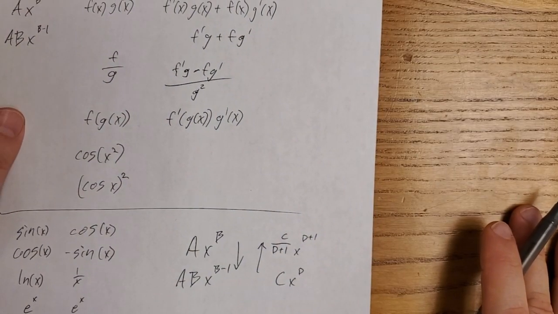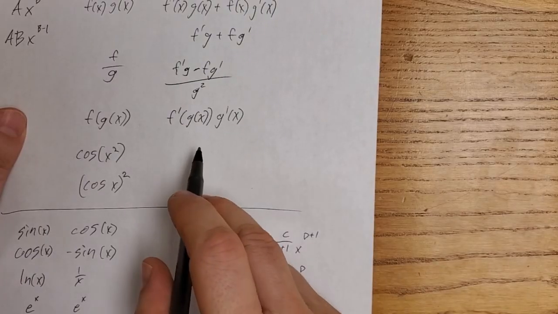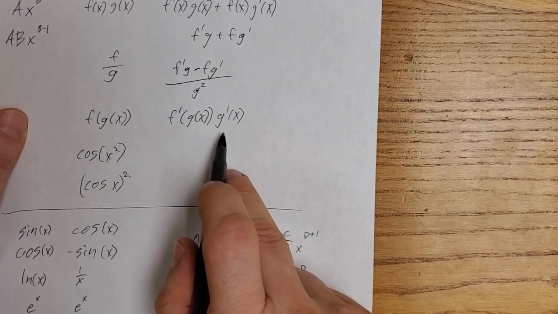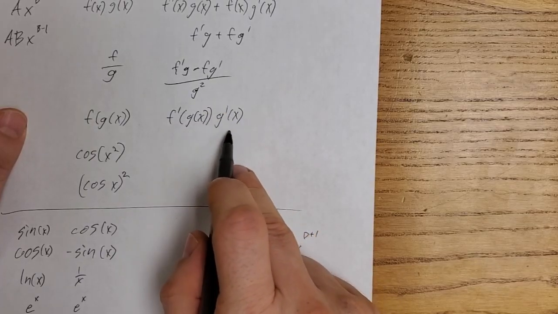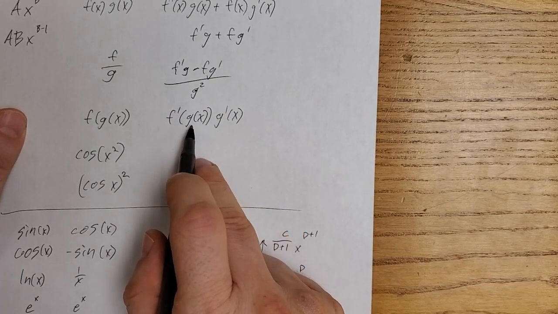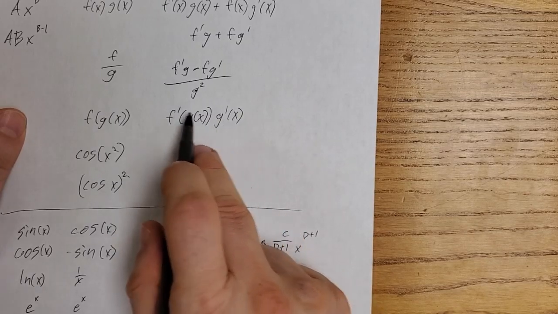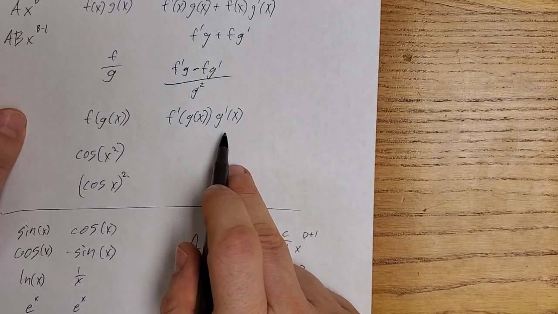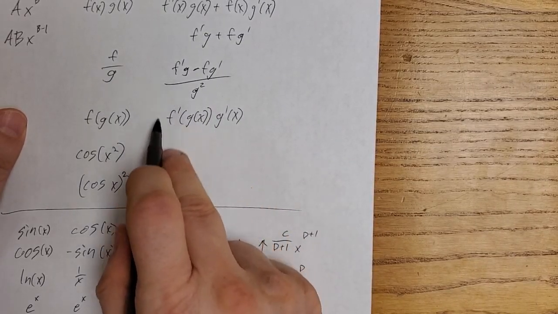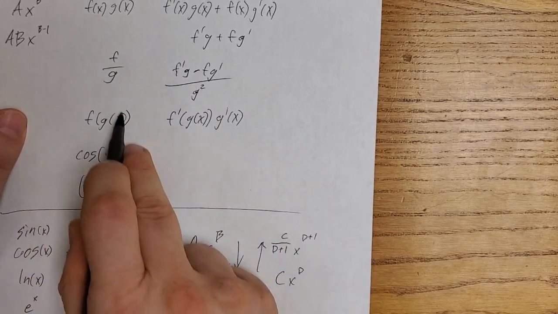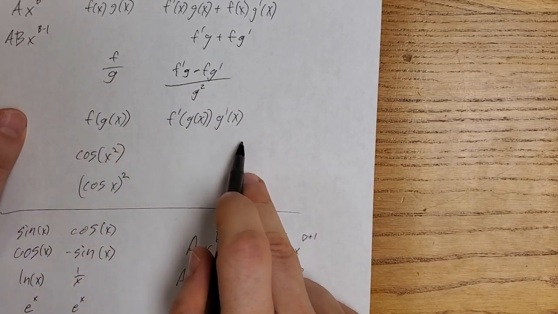A good way to spot that is if you see a function and you see something that you know is the derivative of that function, then that's your g and your g prime. And you can say, okay, given that, what might have happened, what might the original f and the original g have been in order to reach that.